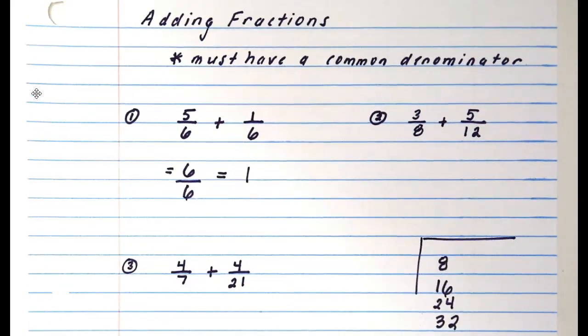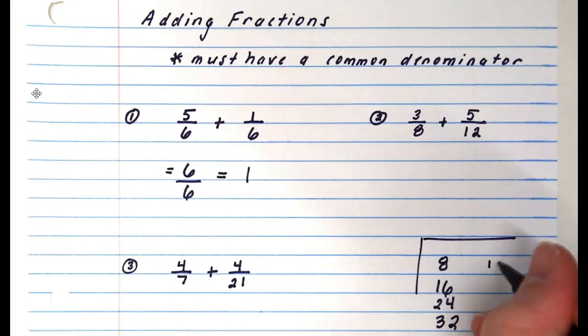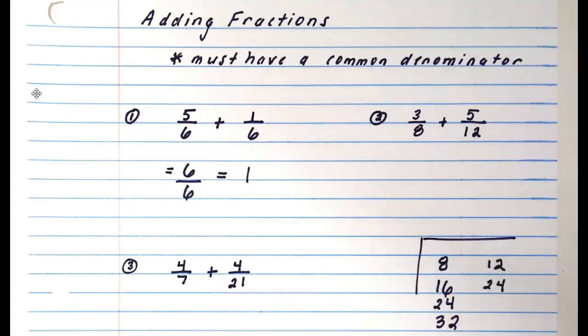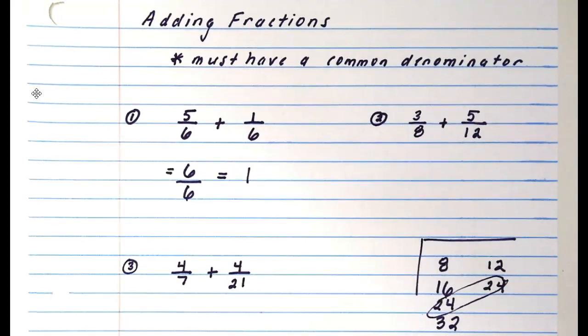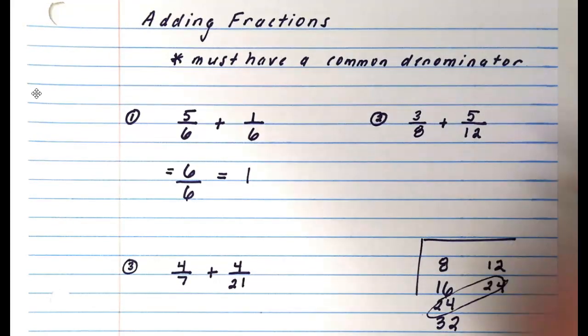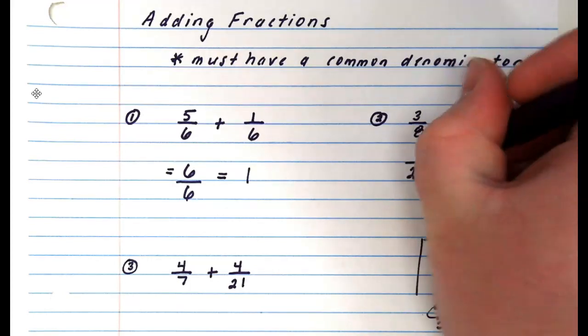If I look at multiples of 12, I have 12 times 1, which is 12. 12 times 2, which is 24. Whoop, do you see how the 24 is in both? So that means that 24 will be our least common multiple. So we're going to change each of these in the bottom to a 24.